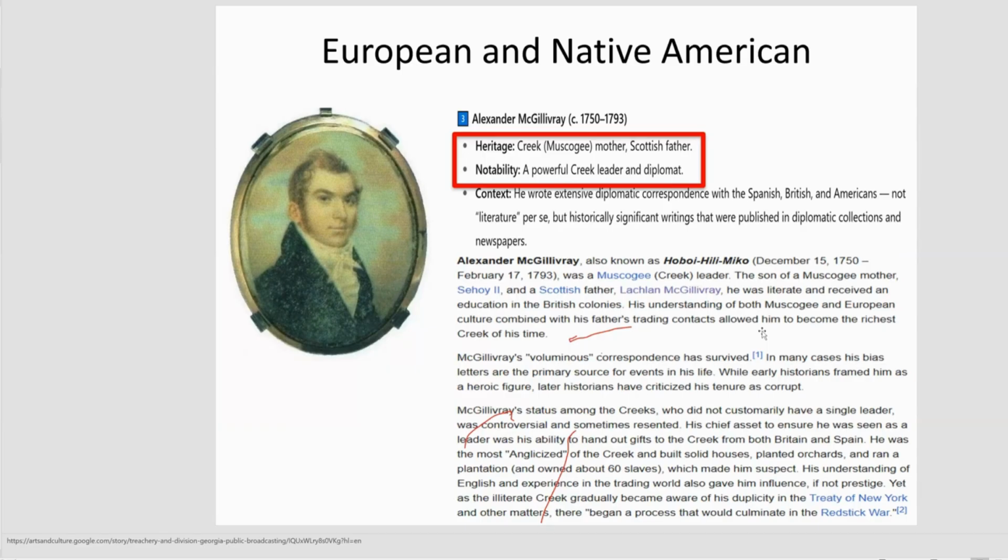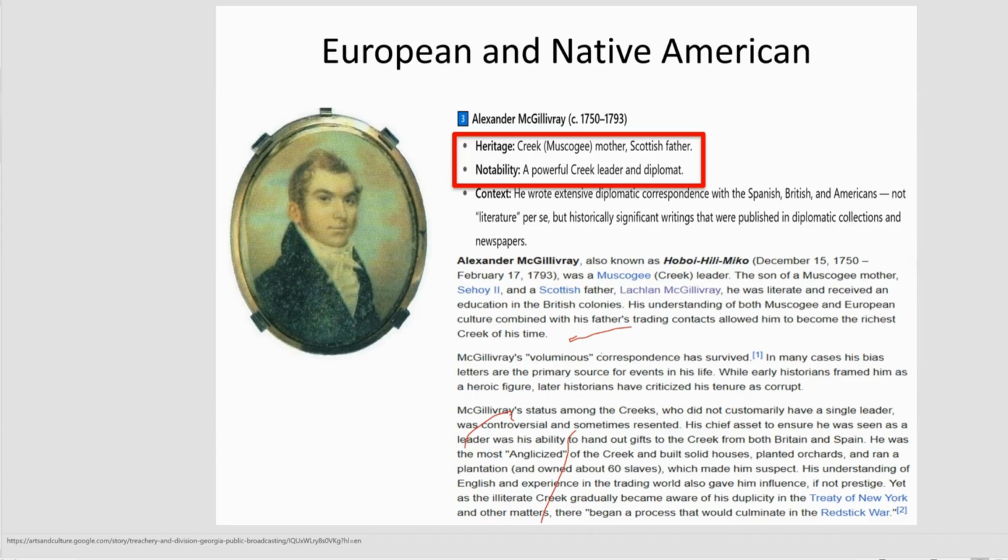So Alexander McGillivray, also known as Haboy Hili Miko. His father was Scottish and his mother was Muskogee. So his birth name was Alexander McGillivray, and they renamed him Haboy Hili Miko. And he became a Muskogee Creek leader.